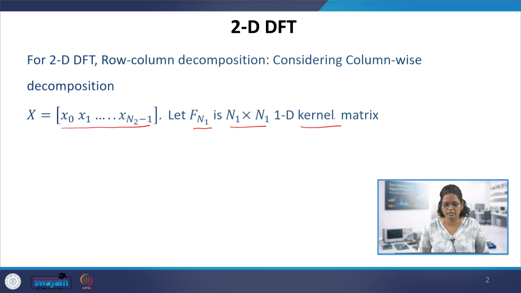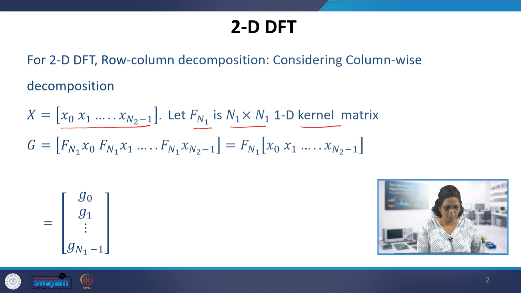If you recall the twiddle factor matrix, this is the twiddle factor matrix for the 1D DFT computation. To compute the intermediate sequence G, we multiply each column of X with this kernel matrix. The twiddle factor matrix is nothing but the kernel matrix.